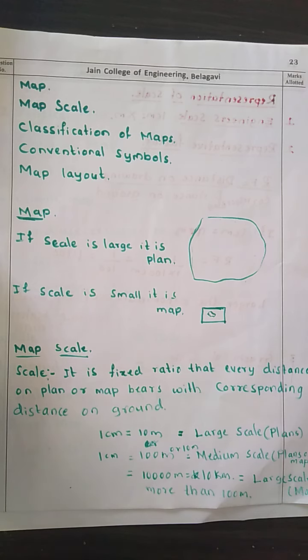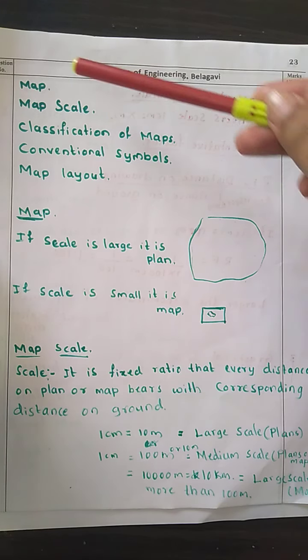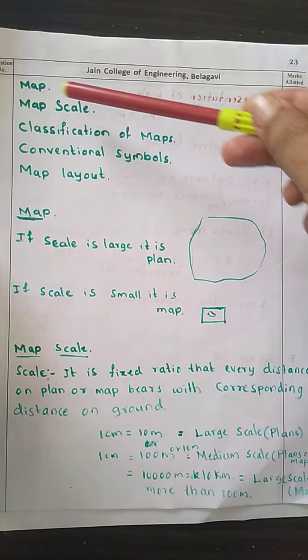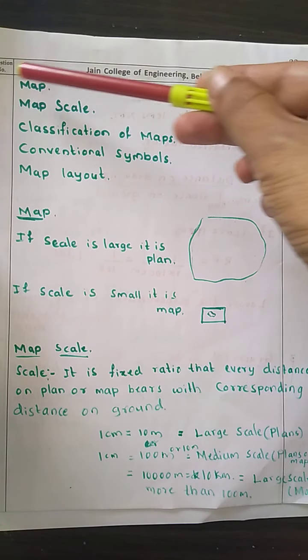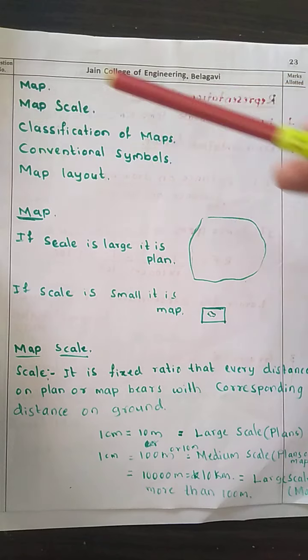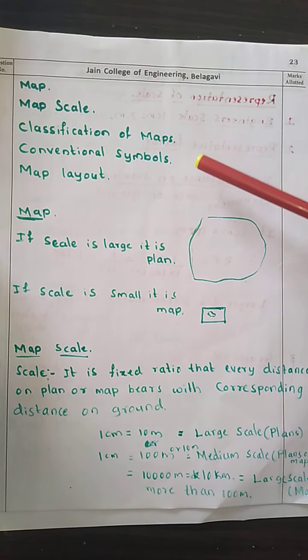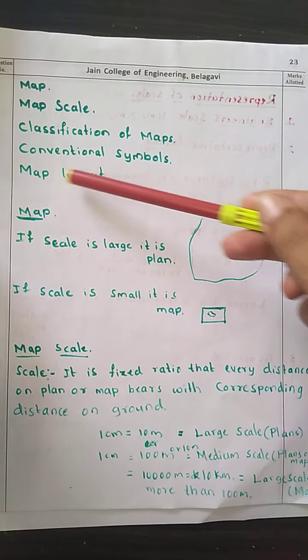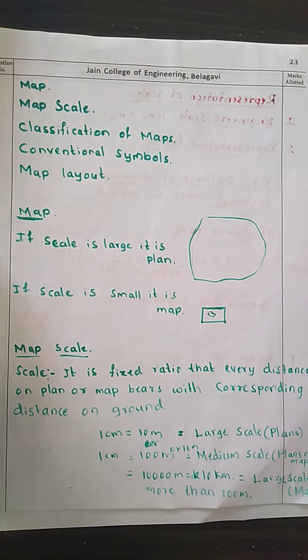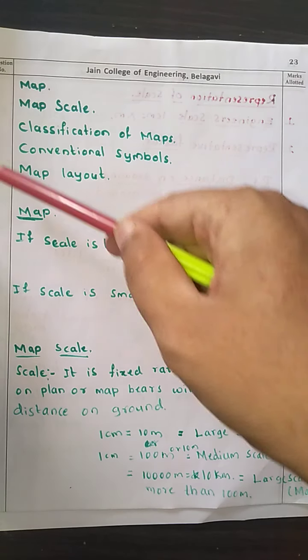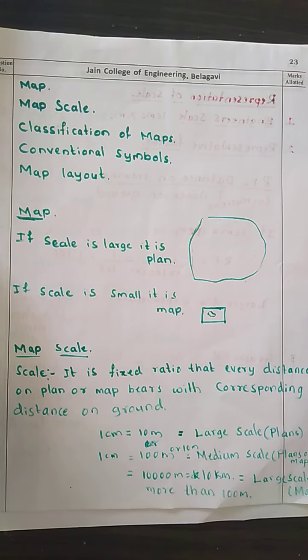So, in today's class, we are going to discuss in detail what a map or a plan is, what a map or plan scale is, then the different classifications of maps, what the different conventional symbols are that we use in a map, and then what a map layout is. This is what we are going to study in today's class.